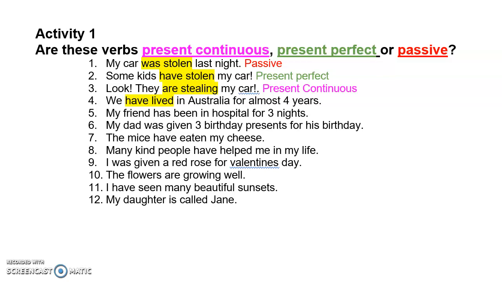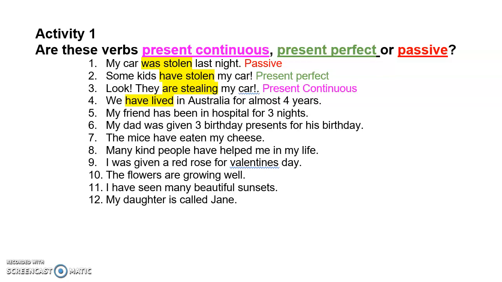Here we have was. Was is a to be verb. The second verb after it is a past participle, stolen. So we know when we have a to be verb that is followed by the past participle, this is a passive verb. So I just wrote passive in red after the sentence there.